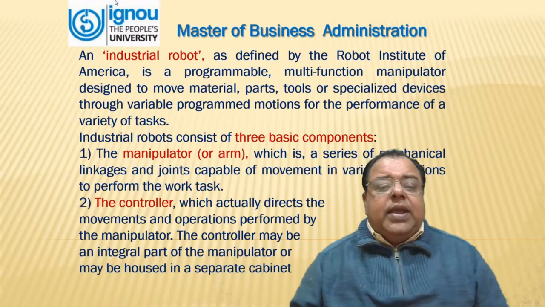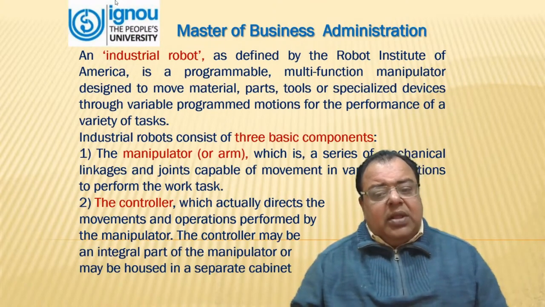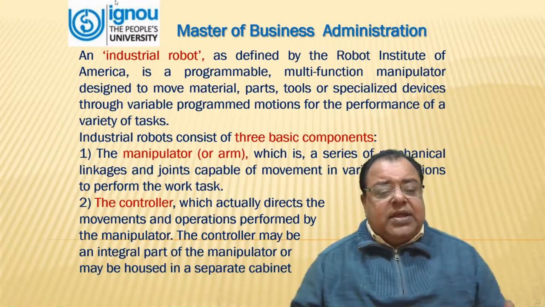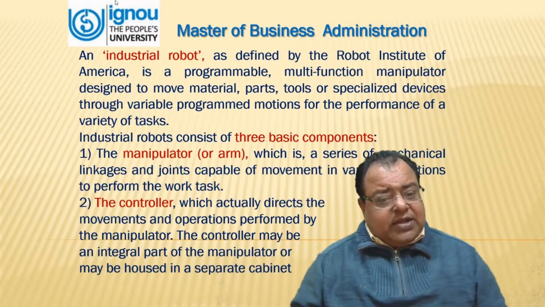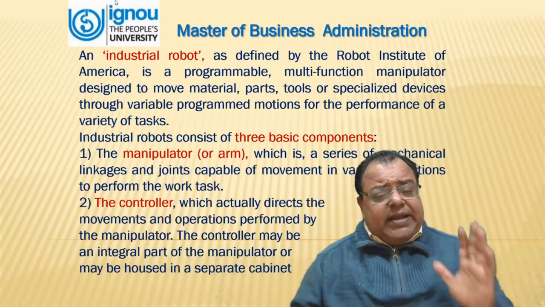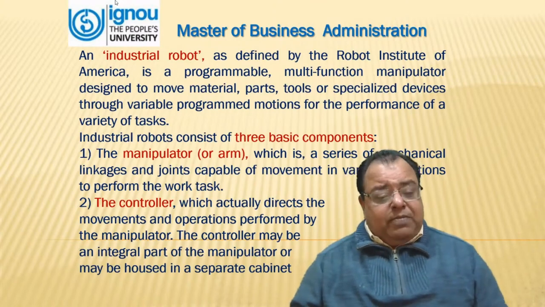Industrial robot consists of three basic components: the manipulator, which is the arm, a series of mechanical linkages and joints capable of movement in various directions to perform the work task. Second one is the controller, which directs the movement and operations performed by the manipulator.